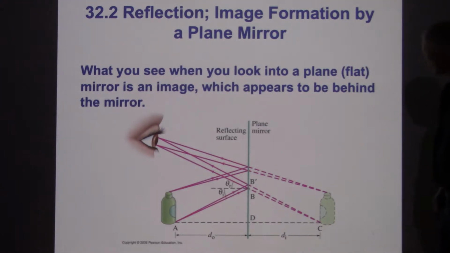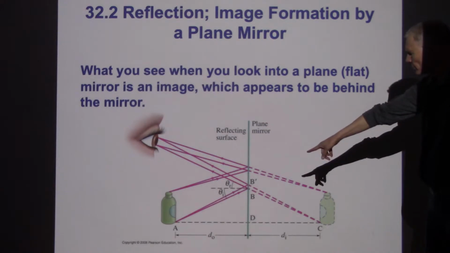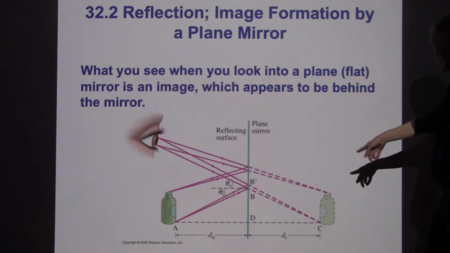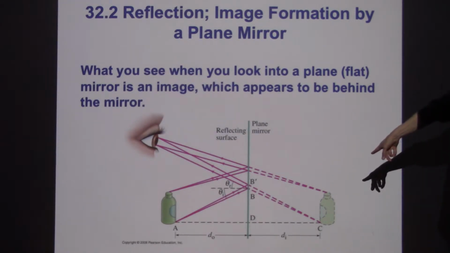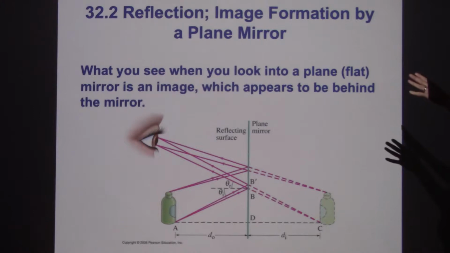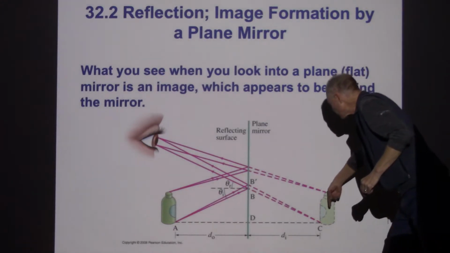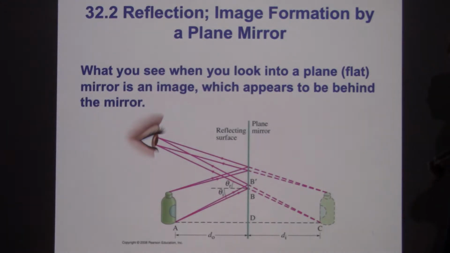So we have an object distance on the left. We have an image distance on the right, and we've written that as d sub i. So when we look at the light, it looks as if the light's coming from something back behind the mirror. Okay, so that's how reflection works.